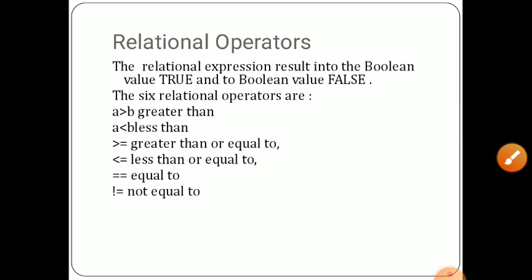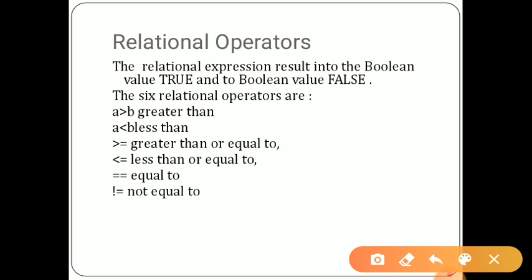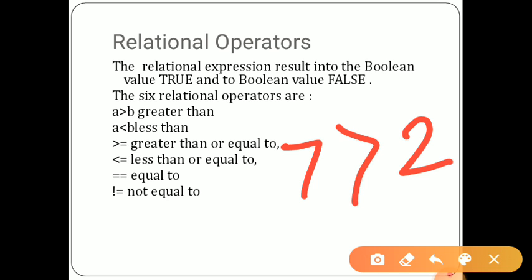Suppose I give values instead: 7 is greater than 2, so the result is either true or false, and it will return the value true or false. Relational operators are also used with some arithmetical operators.